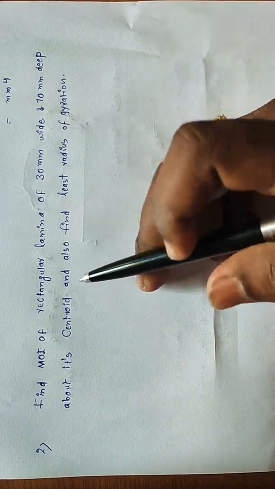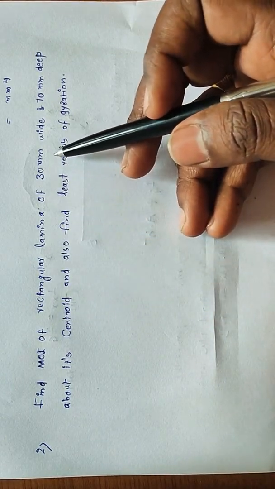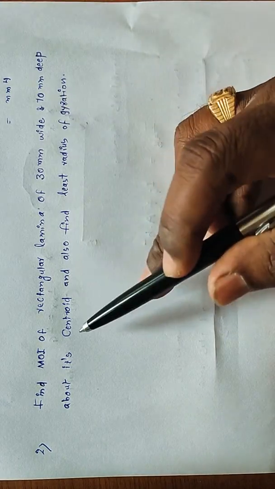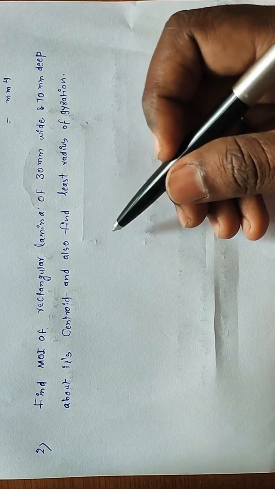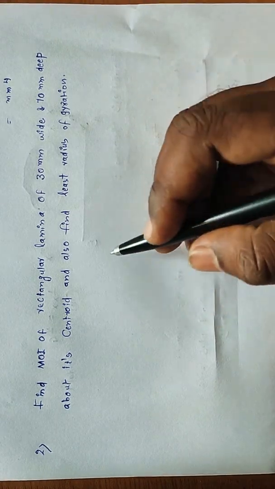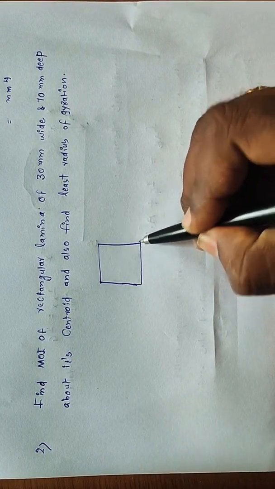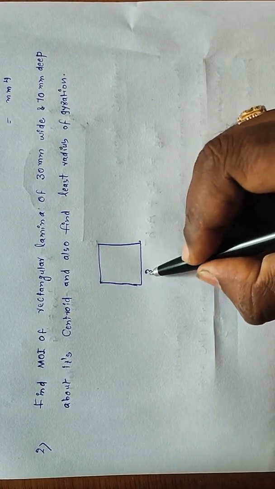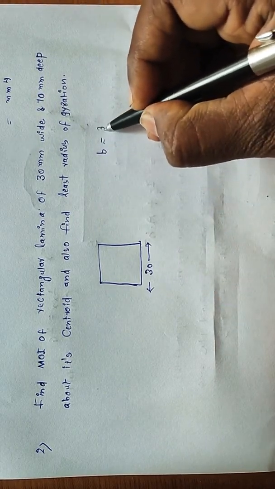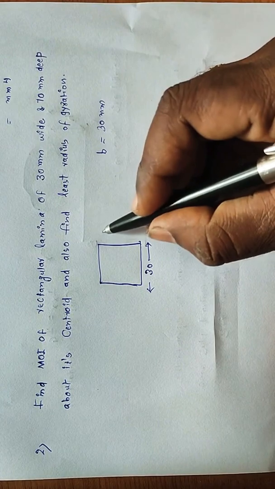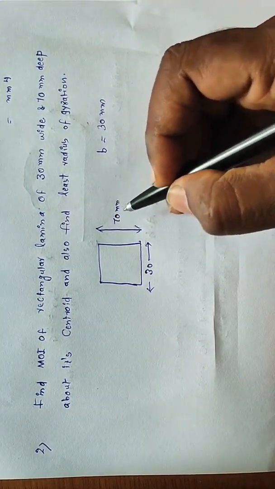Coming to the second problem: find the moment of inertia of a rectangular lamina 30 mm wide and 70 mm deep about its centroid, and also find the least radius of gyration. So here the rectangular lamina is 30 mm wide, B is 30 mm, and depth is 70 mm.